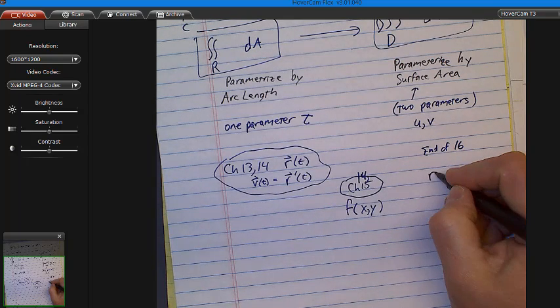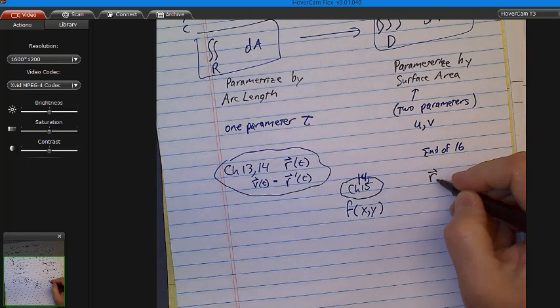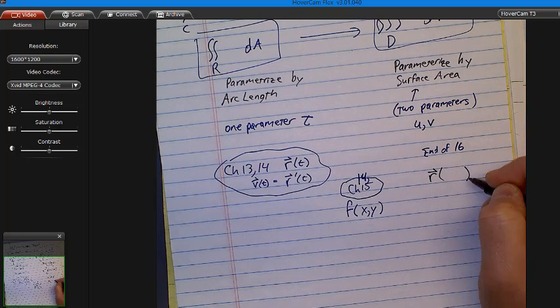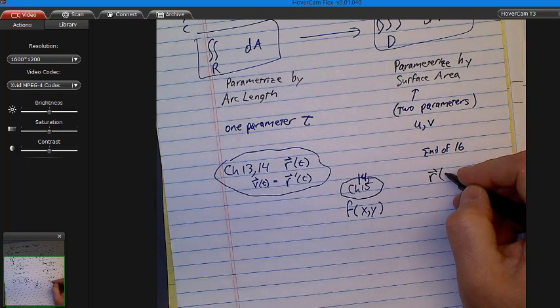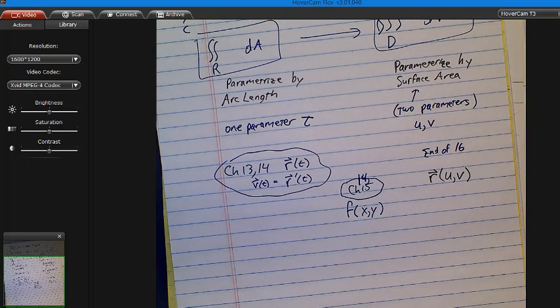When I write r, it's going to be a vector-valued function, right? It's going to be a point somewhere in space, you might say, or a vector, either one. But what you have now is r is a function of u and v, not just a function of t. That's kind of cool. 2 parameters.